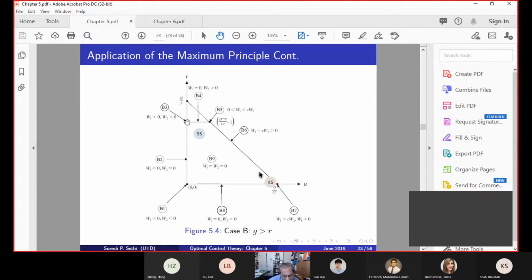Then I was at B3. Then I was in a singular control at B4. And then eventually I will be at B5, and I will show that I can stay there forever. Remember, B6 and B8 and B7 are not feasible anyway, because these are W's that you cannot sustain. Because W1 and W2 have a related formula, there is no way we can have these conditions possible.